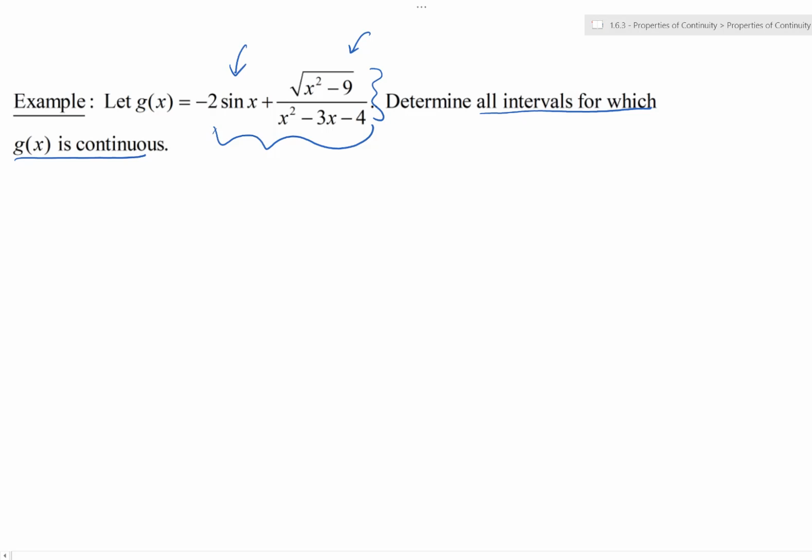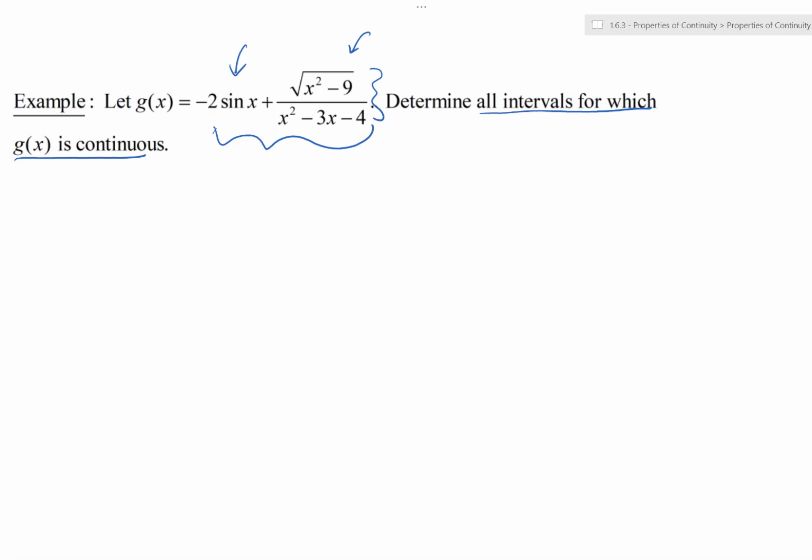Those rules that we mentioned earlier in this video all apply: combinations of continuous functions are continuous, as long as the original functions are continuous. And of course, the original functions here are the different families of curves that are continuous over their domains.